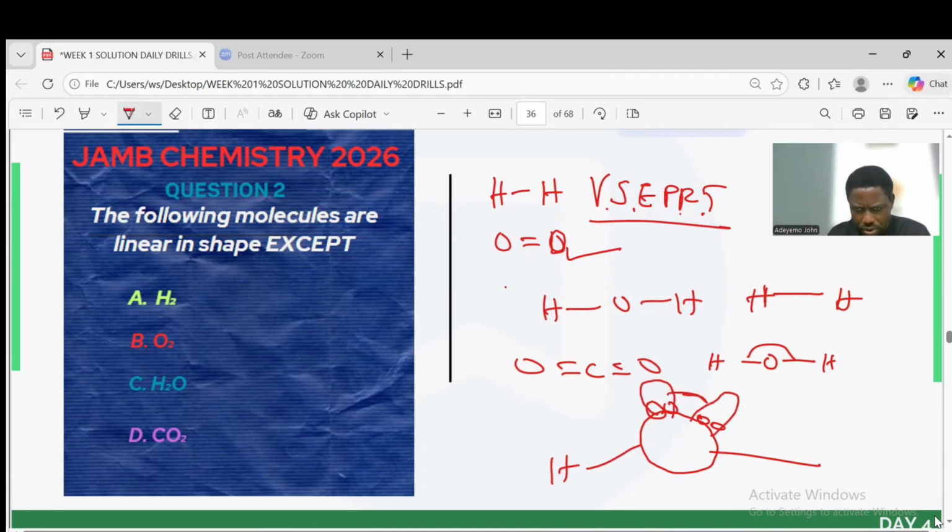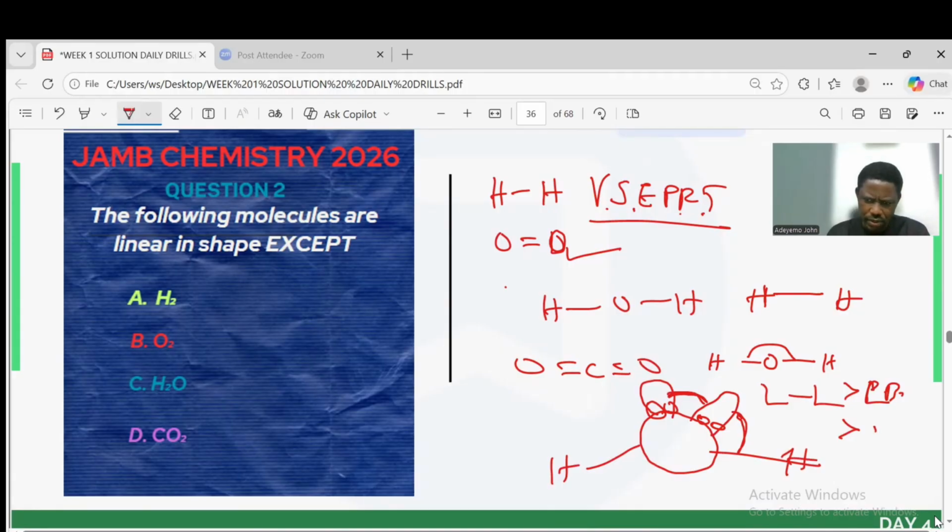So there is a repulsion between lone pairs. That's the highest. They push each other away because they are free, not bound to anything. So the repulsion between lone pair and lone pair is greater than between lone pair and bond pair, which is next. Then the least is bond pair to bond pair.